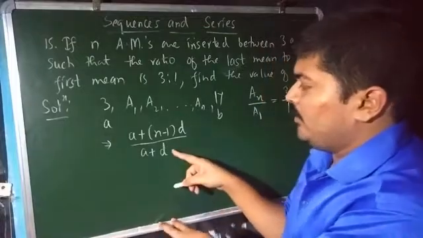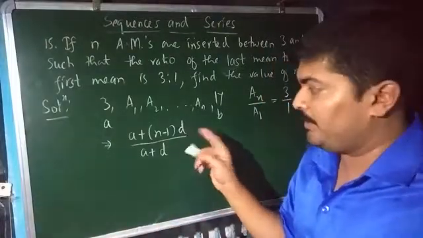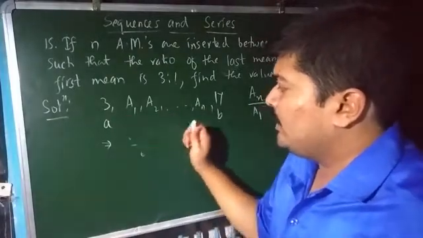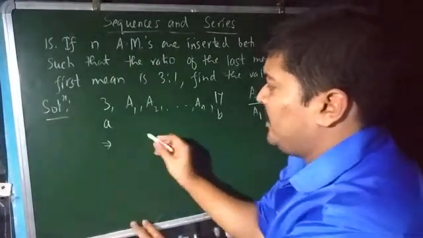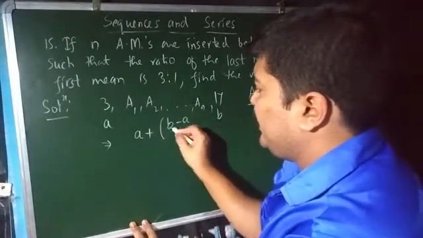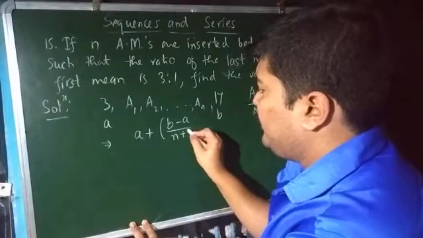But here we don't know the value of D. Therefore, what is the formula for D? You are supposed to check. The exact formula is D equals B minus A divided by n plus 1.